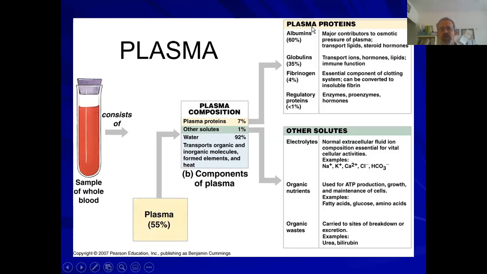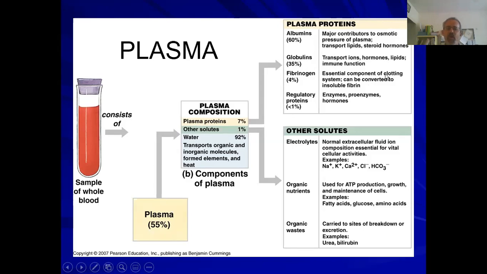The plasma proteins consist primarily of albumin, which has a very important role in osmoregulation. Other albumins, as well as globulins, are important in transport. They're kind of like a nice little shuttle system.